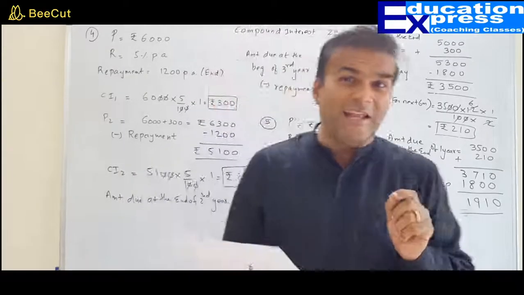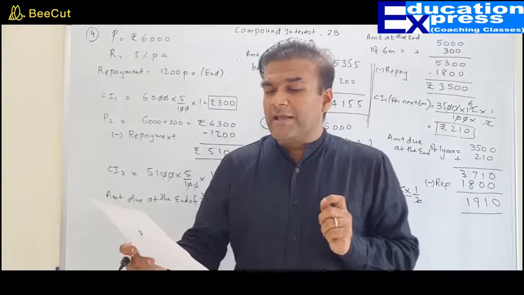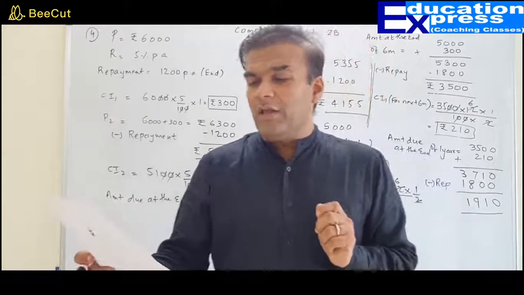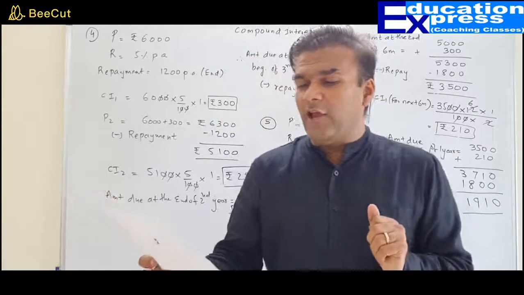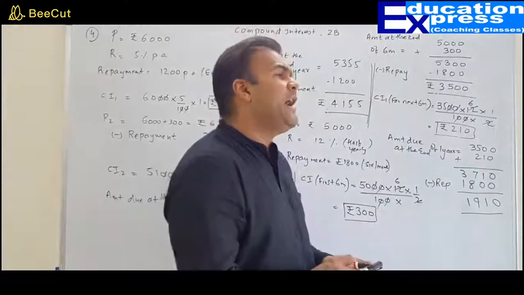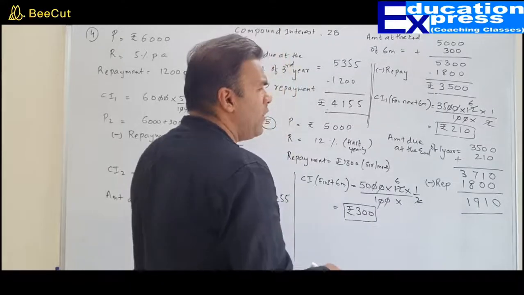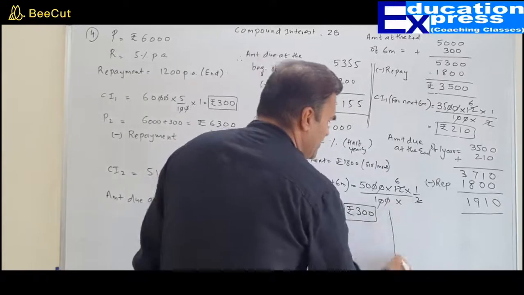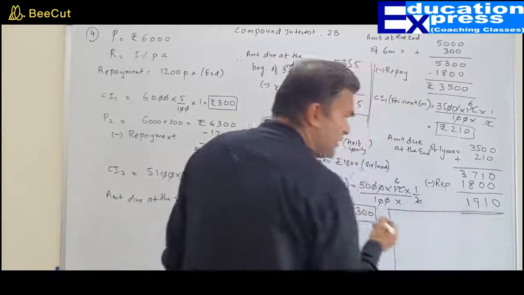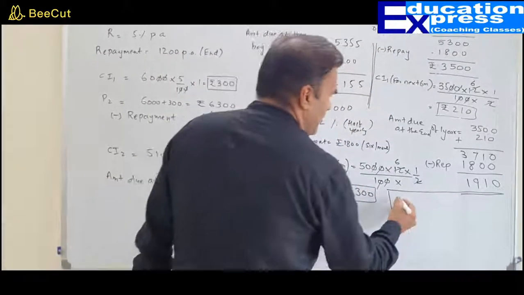I'll read exactly what is mentioned in the question. Calculate the third payment he has to make at the end of 18 months in order to clear the entire loan. As of now, my loan is 1,910. Can I calculate the interest for the third period? Yes, sir.